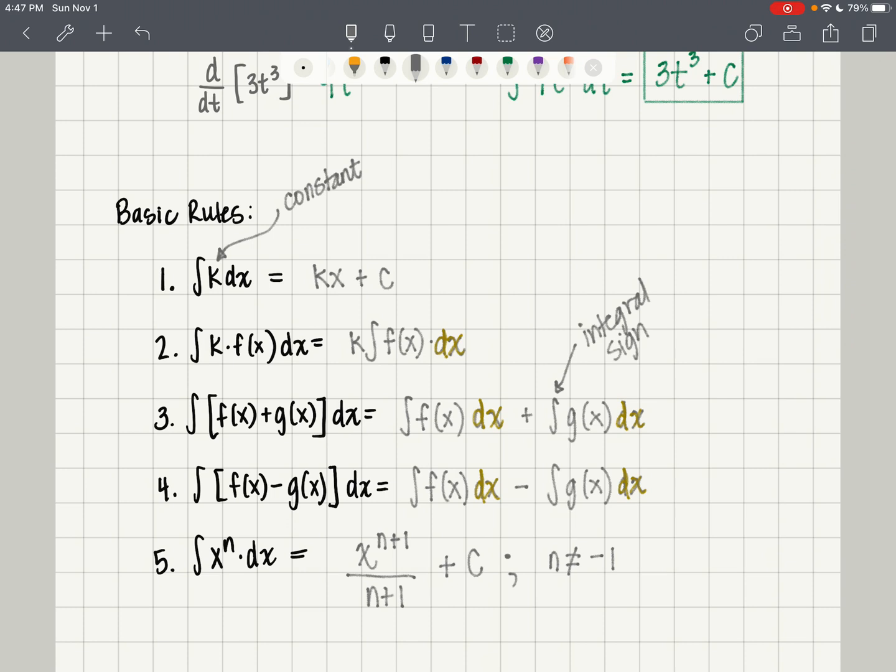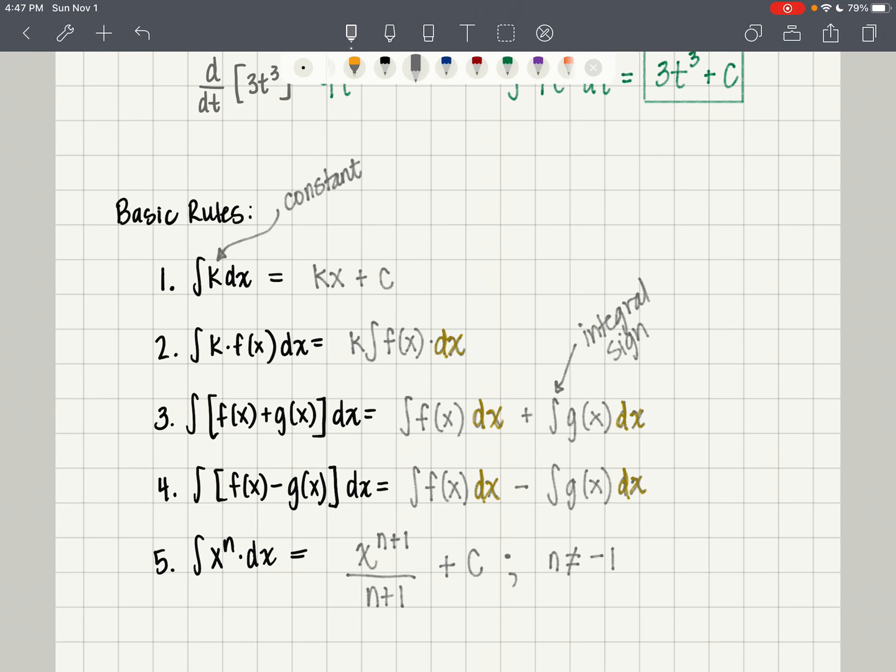Now, as much as you think that you can get through this lesson, maybe even a few of the sections beginning in this chapter, without memorizing these basic rules, the value of knowing these rules will come through as we get deeper into this chapter. So please, please make sure that you're making your flashcards and seeing how to apply these rules, what they look like.